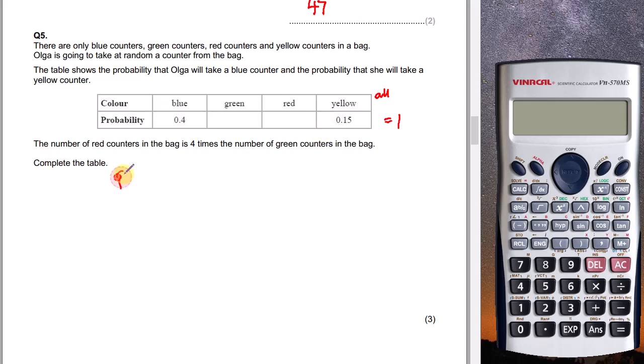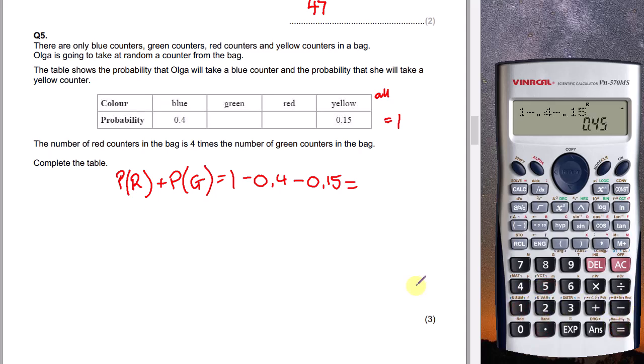So the probability of red plus the probability of green must equal 1 minus 0.4 minus 0.15. The total left is 0.45.